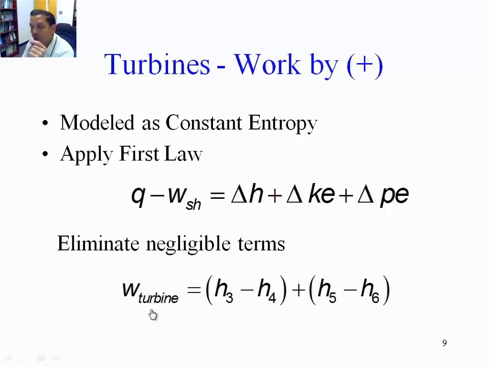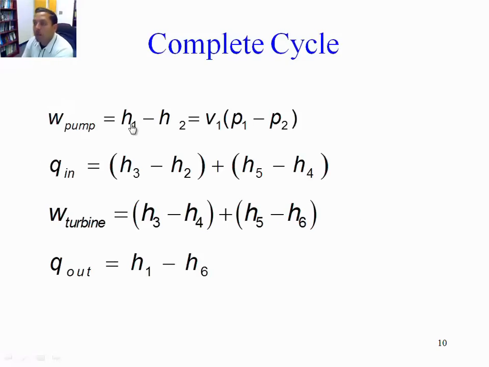If we apply the first law of thermodynamics, the overall work on the turbine will be the work in the high pressure turbine, which is minus delta H from 3 to 4, and the work in the low pressure turbine, which is minus delta H from 5 to 6. This is the total work in the turbine. And at the end, we have the work in the pump being minus delta H from 1 to 2, which can always be simplified as specific volume times the change in pressure.